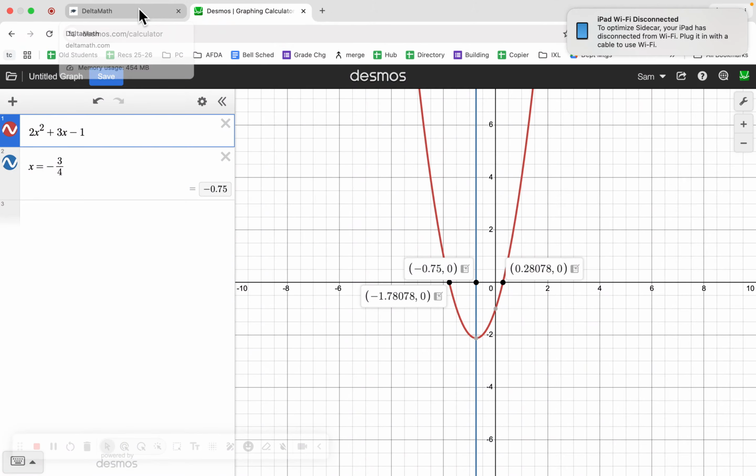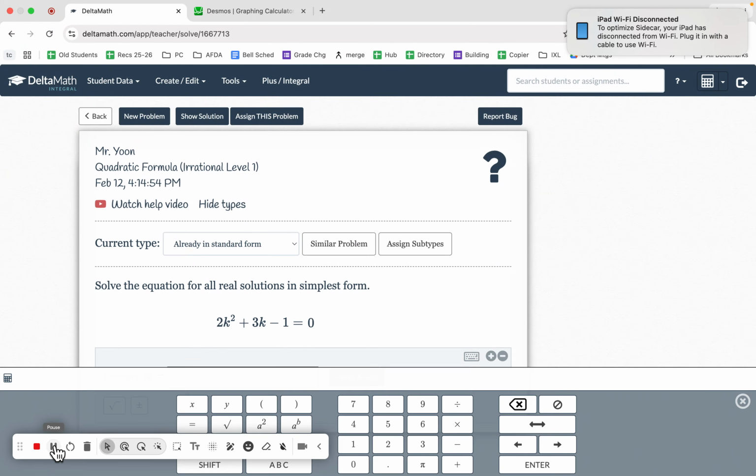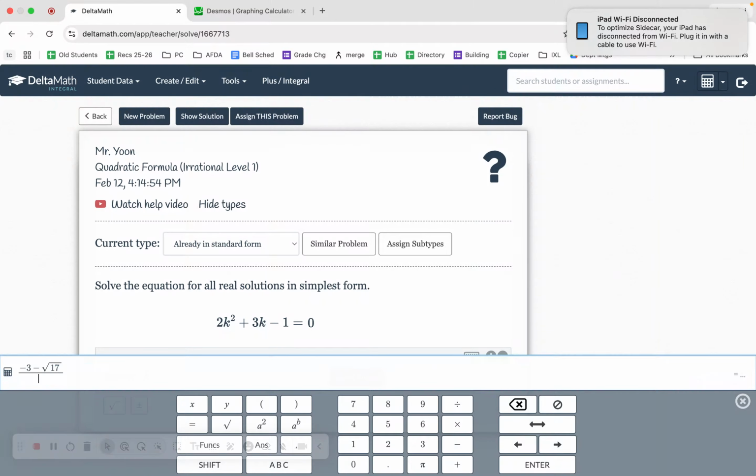Let's just do one of them. Oh, they disappeared. But I remember what it was. It was negative 3, negative 3. And I'm going to do the minus part first. Minus square root 17, all divided by 4.